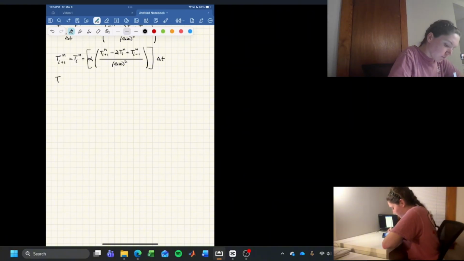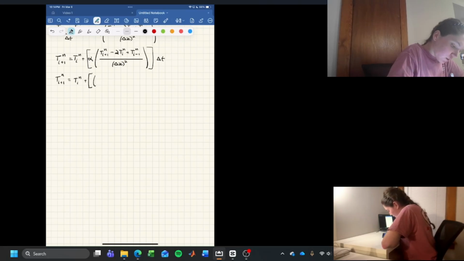So this stays the same as the temperature to the right of where we are at some time, which is equal to the temperature of where we are at some time plus, let's factor the position and the change in temperature out. So the change in temperature over the change in position squared.